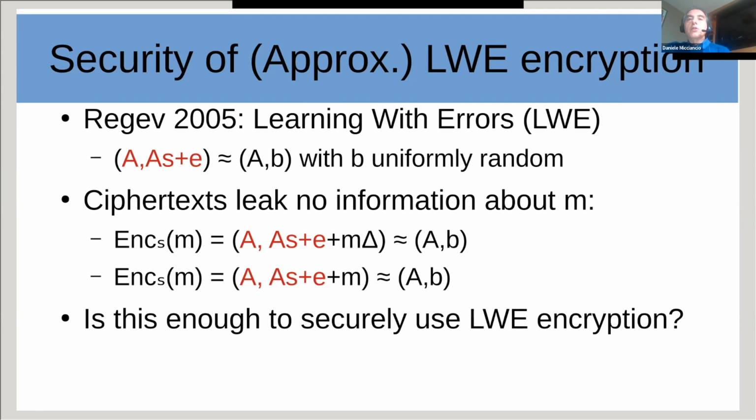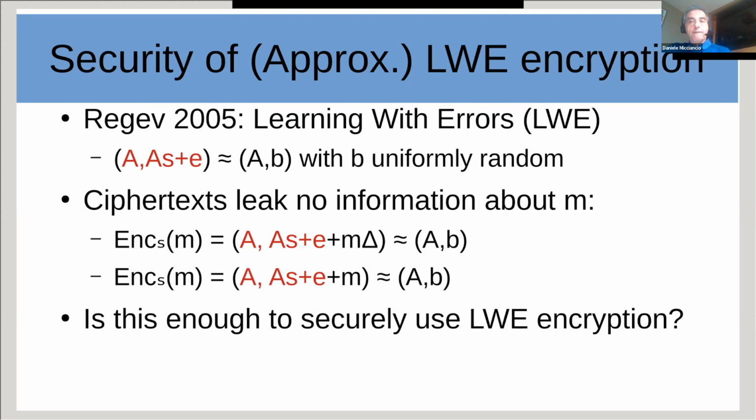So it follows from the pseudo-randomness of the LWE problem that both schemes have the property of producing ciphertexts which are indistinguishable from random strings, which would seem at first to protect all the information that you need to protect about the original message.